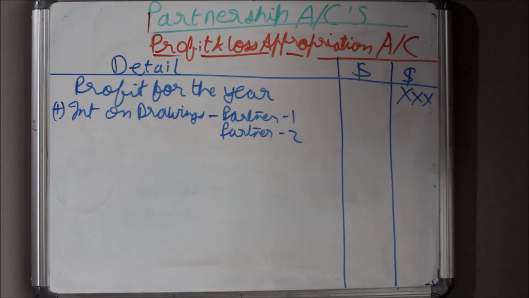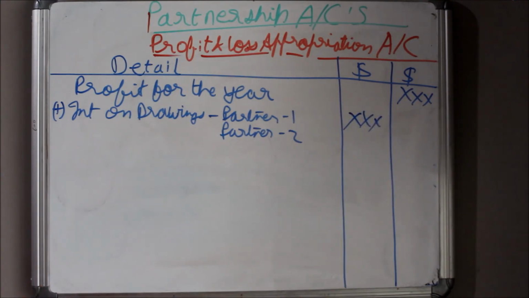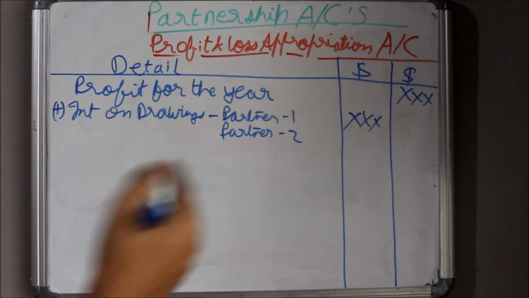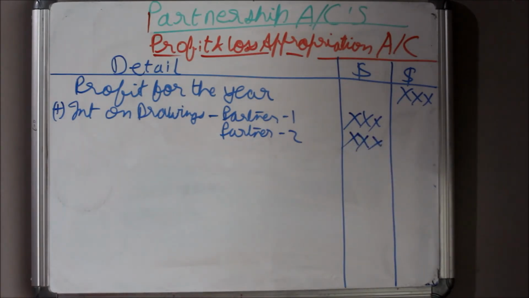So if partner 1 has taken, let's say, XX amount, you are going to calculate the 6% of that amount and write that 6% over here. Same goes for partner 2, because the interest on drawings rate is always the same for both partners. But the amounts of drawings the partners have taken differ. So depending on that, you have to calculate. So these are the interest on drawings of both the partners.